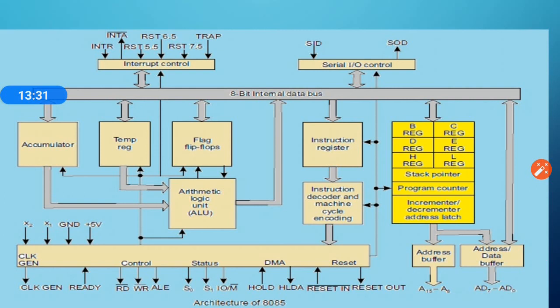Here you can see we have AD0 to AD7, that means 8 bits, and again A8 to A15, so again 8 bits. Together 8 plus 8 becomes 16. So a 16-bit address is given to the memory device via these two blocks.